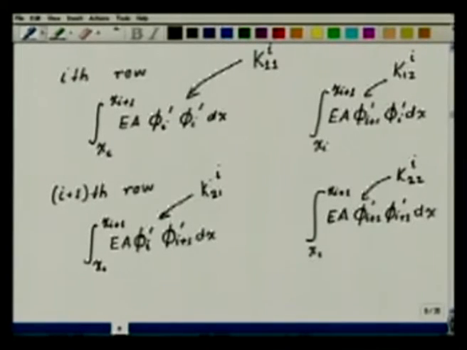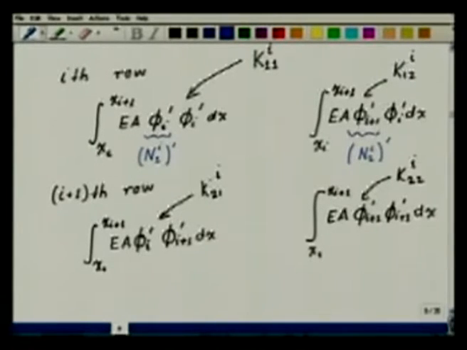Because in the element, if you remember, I can replace the phi I with n1 of the element I prime. Similarly, I can replace phi I plus 1 with the n2 of the element I prime.